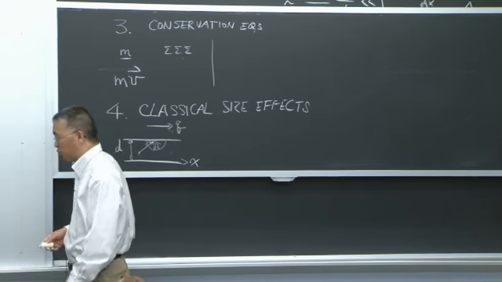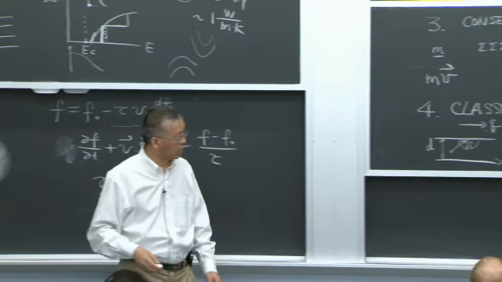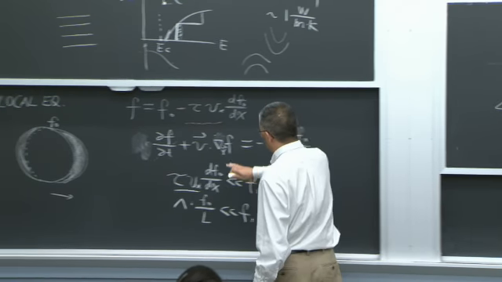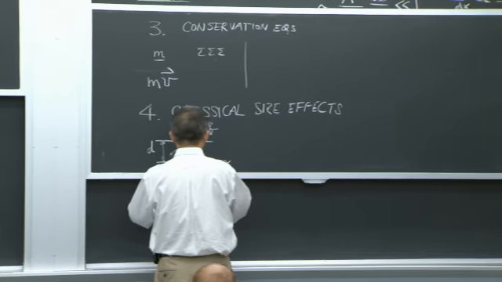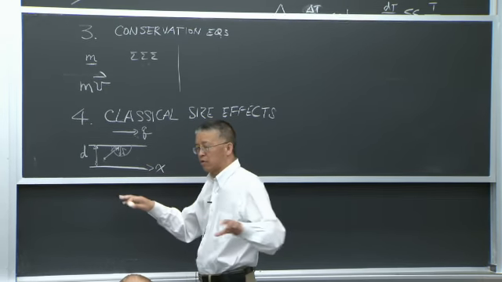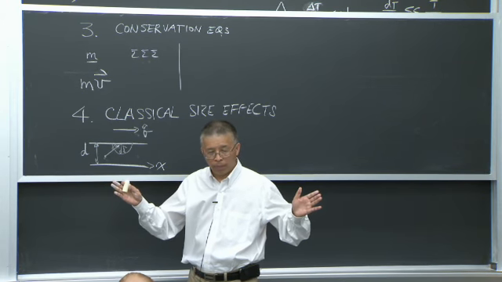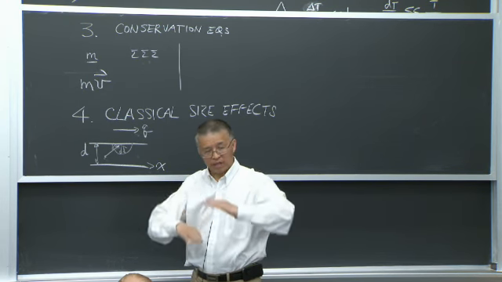Let's see what the equation tells us. I'm going to solve this equation, the Fourier law. I have an x direction, and let's say the x direction is very long, not finite, but the y direction is finite.